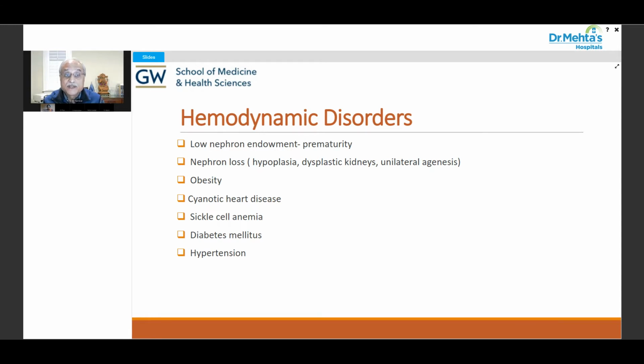Cyanotic heart disease, sickle cell anemia, again, we see quite a lot of that in the pediatric population. Hypertension and diabetes are an evolving threat in the adult population. Those are the factors that result in mechanical stretch, hemodynamically induced podocyte injury.